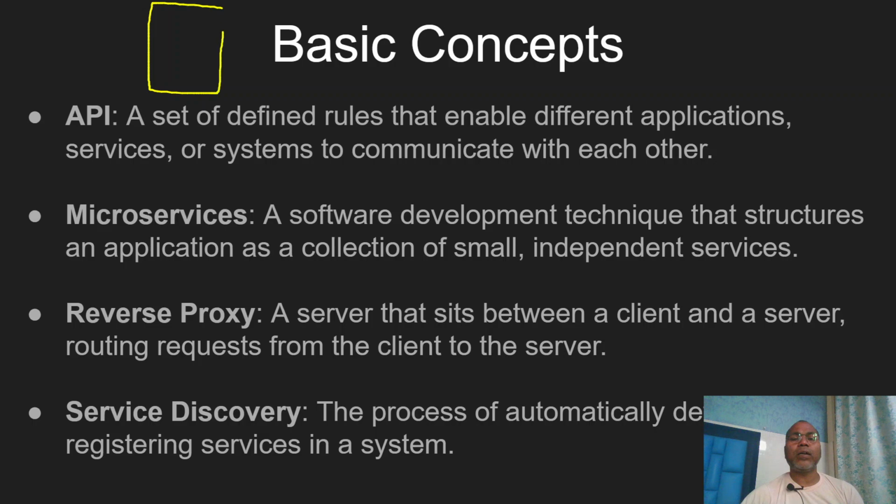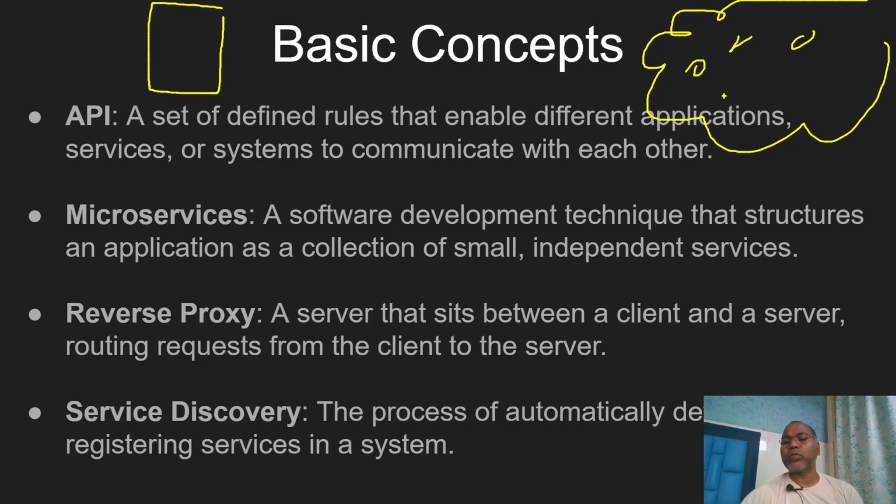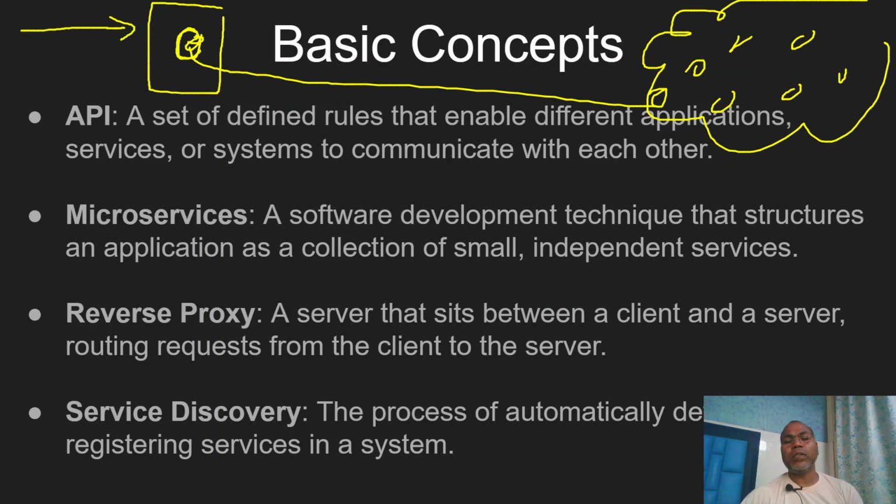For example, say we have a huge collection of microservices deployed in the cloud. When a new instance comes up, the API gateway knows, "Hey, this is new." It automatically detects that when this API request comes, it is going to land on this server.